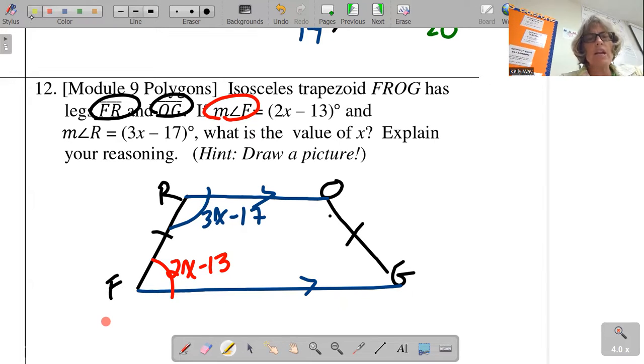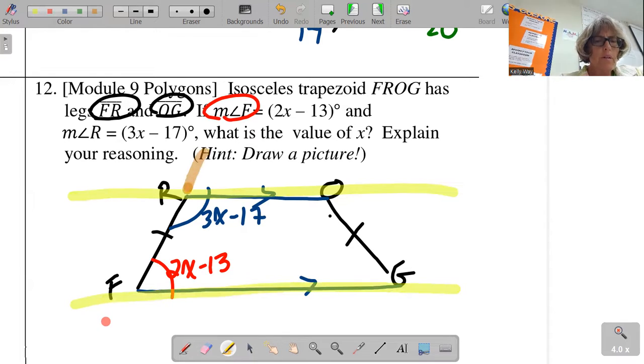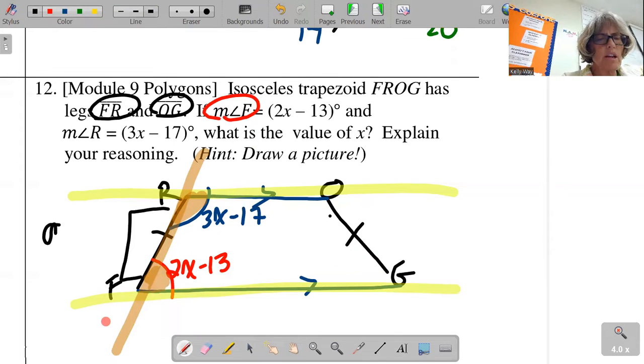So the explanation comes to the fact that you have parallel lines. That would be your transversal. So the relationship between these two angles is they are called consecutive interior angles.